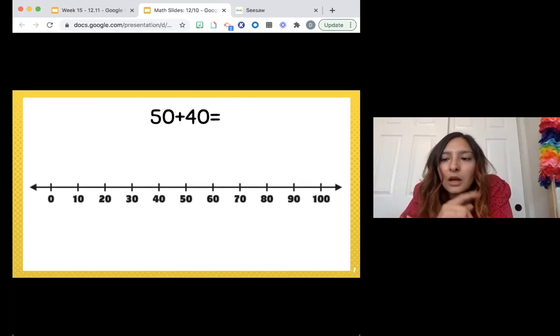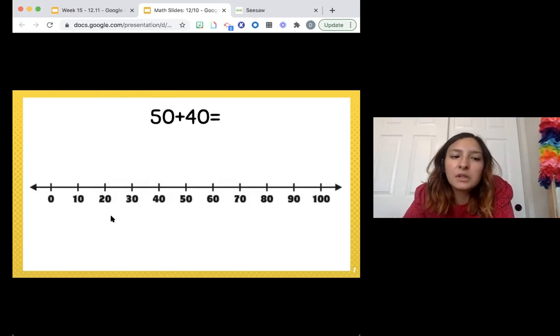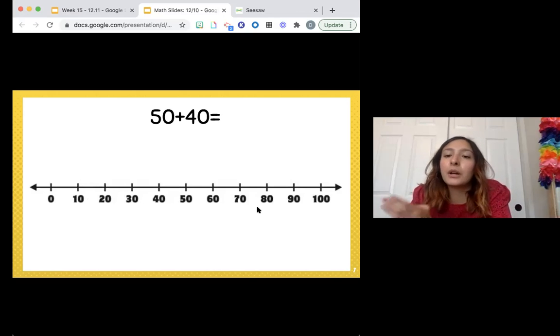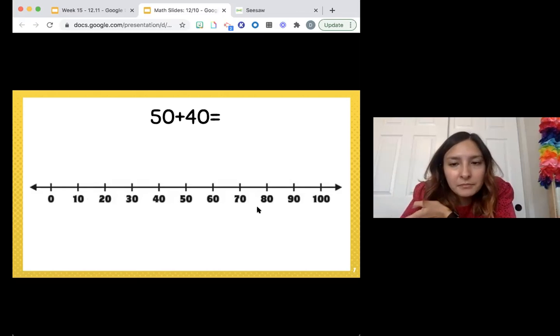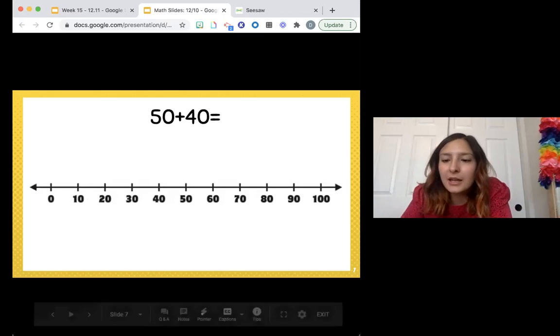Now remember, our number line is from 0 to 100 and it's by tens, okay? So when we are counting, we're going to be counting by tens and not ones, okay? We're going to be counting by what? All right, we're going to count by tens.